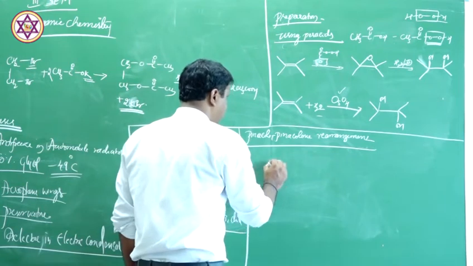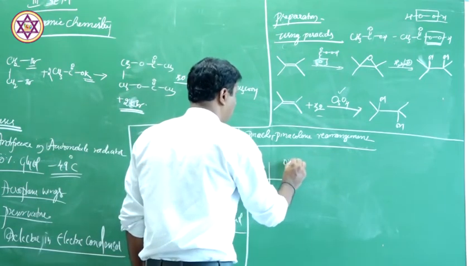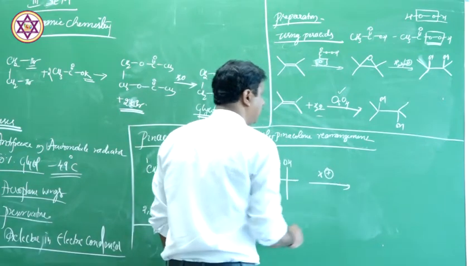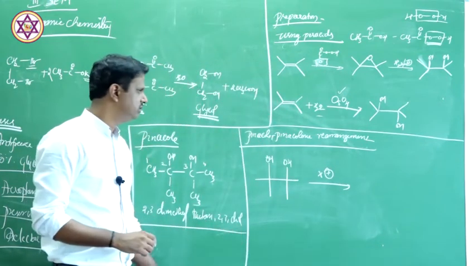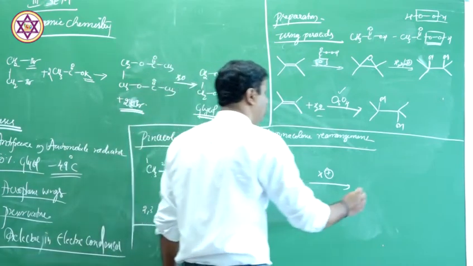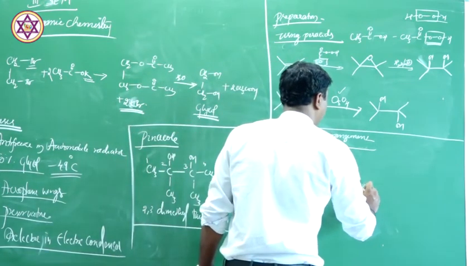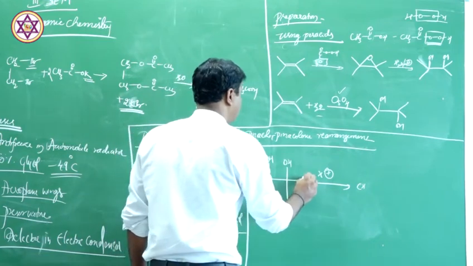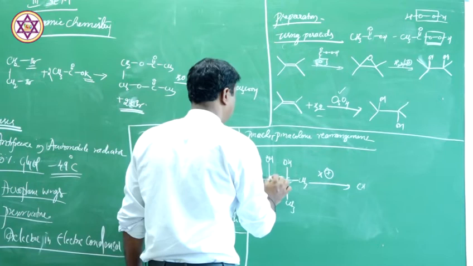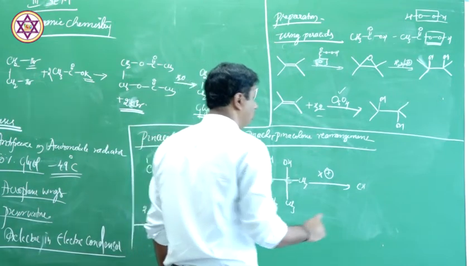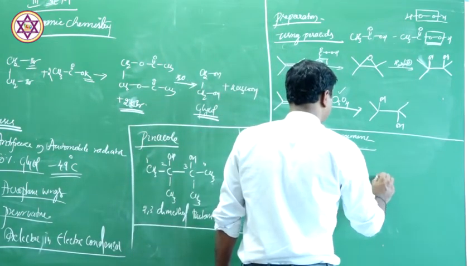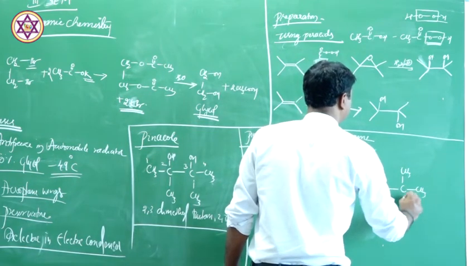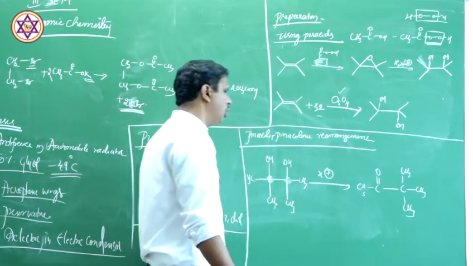What happens if we take pinacol and add a dilute acid like dilute H2SO4? This compound rearranges itself to give this compound. I'll write CH3 only, not to get confused: CH3, CH3, CH3. So what are you going to get? CH3, CO, C, CH3, CH3, CH3. You are going to get this compound.